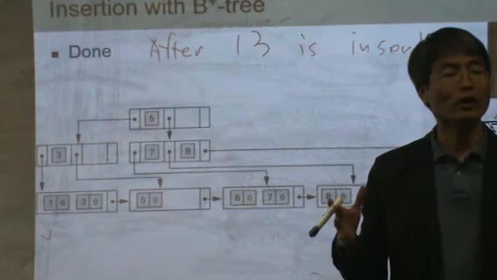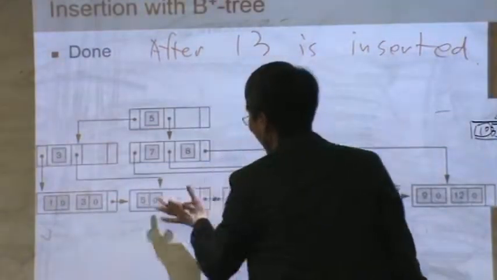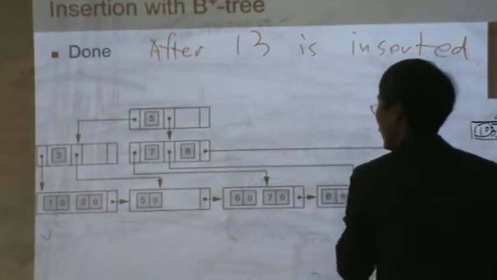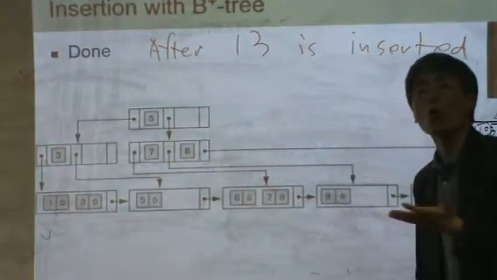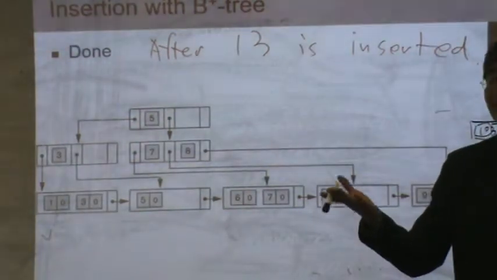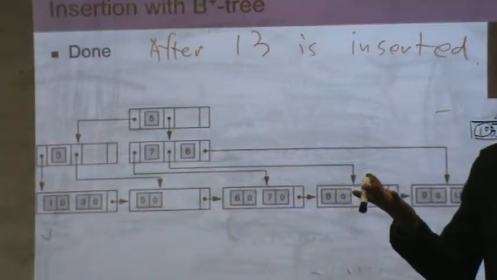Am I correct or not? Sometimes I can insert 1, 3, 5, 6, and so on, or sometimes I can insert 8, 7, 12, 5, 9, 3, 1. What about the output of the B plus tree index? Are they the same or different? Same.